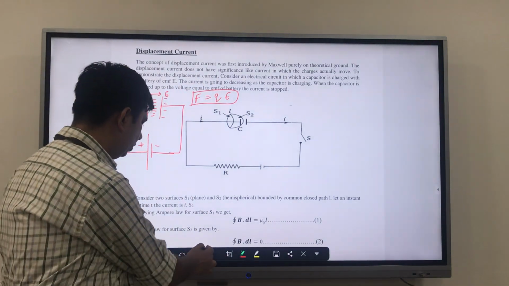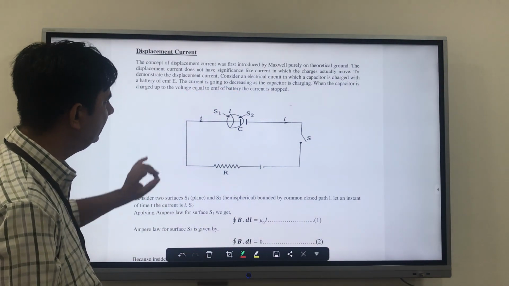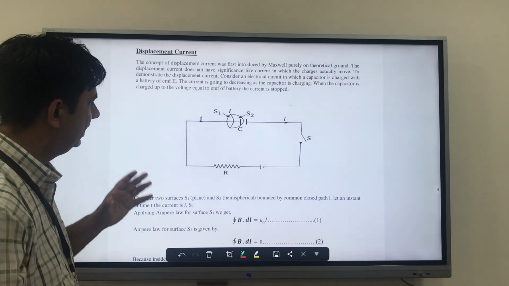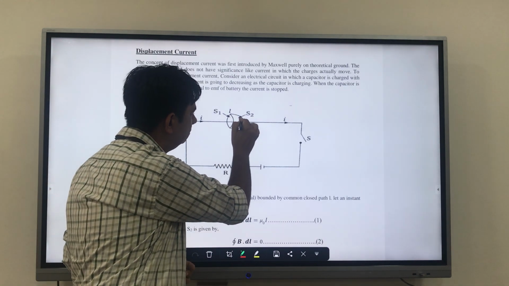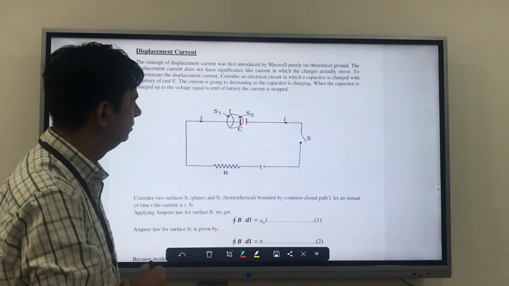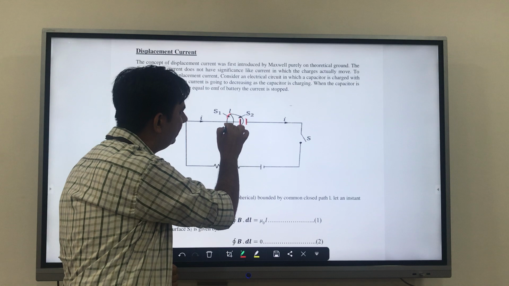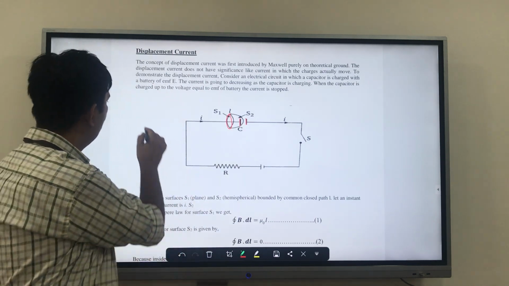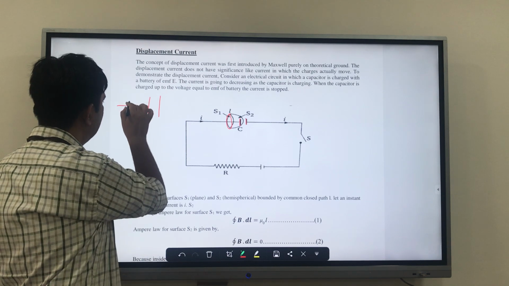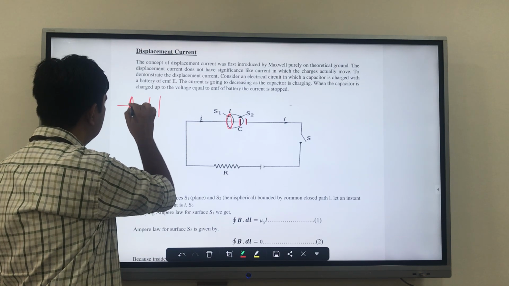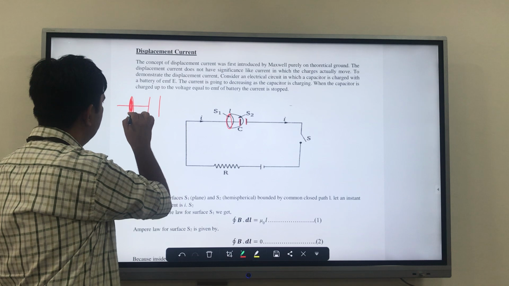Okay, so what he did, he took one apparatus, one capacitor, and took one surface over here, a cylindrical surface. He took a capacitor and a semi-sphere part over here.